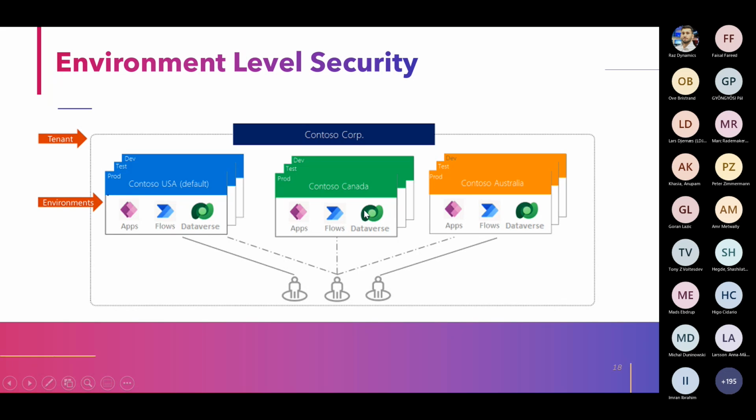In the same way, in the Canada Contoso environment I have the same resources, and in the third environment I have the same resources. So why do I need to use environments? If I already have access at the tenant level, or if I got the license at the tenant level, why do I need to provide environment level access? Because there might be a situation in your project where you need to create multiple environments based on a requirement.